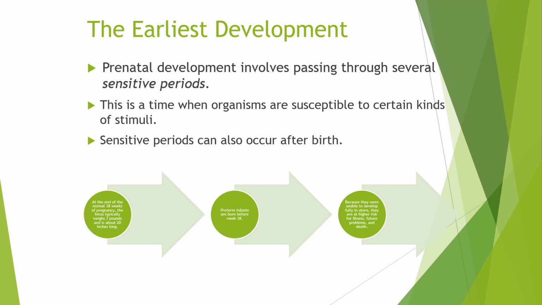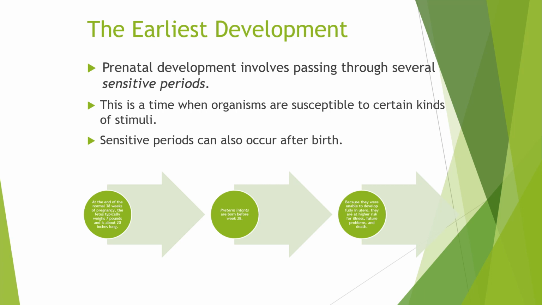Because they were unable to develop in utero, they are at a higher risk for illness, future problems, and possibly also death. So the best case scenario is to go the entire 38 weeks. However, if you are born prior to that, you are a preterm baby, and you could have many different difficulties.